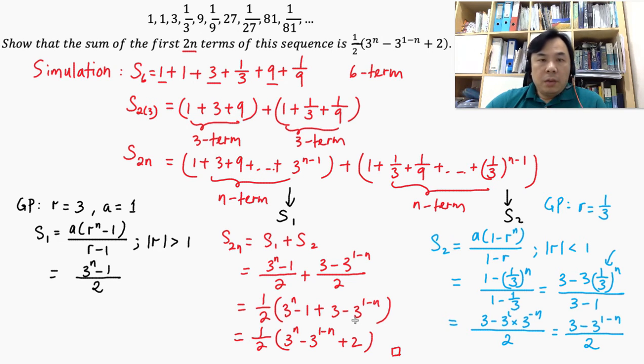Now, of course, for checking purposes, you can try it out. Let's assume that I'm interested in finding the first six terms, which is actually the first three terms of the combined series. So all I need to do is substitute n equal to 3, to see whether I'm actually getting the sum that I wanted or not.